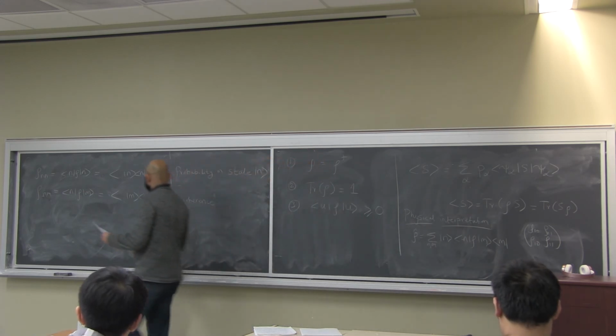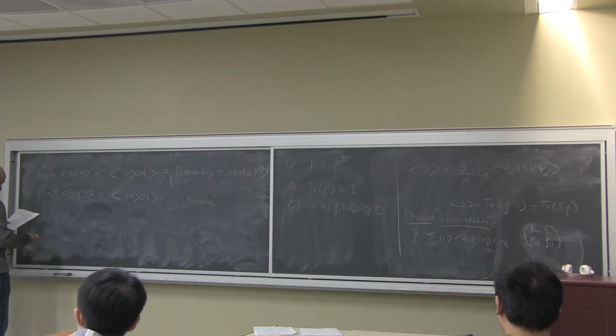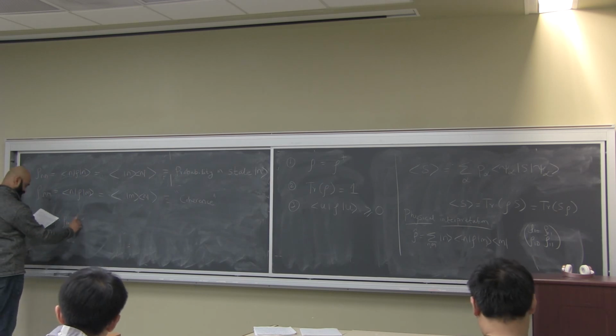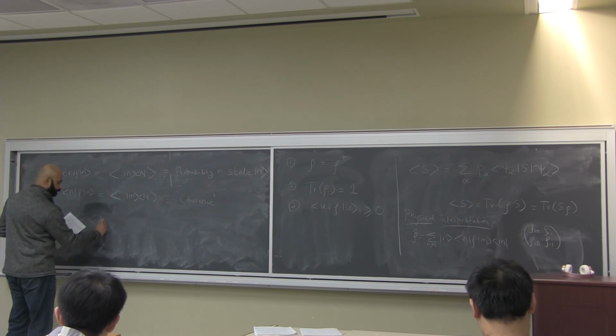As an example of why these off-diagonal elements are important, you can see that rho nm plus rho mn would be proportional to the expectation of the dipole moment operator.